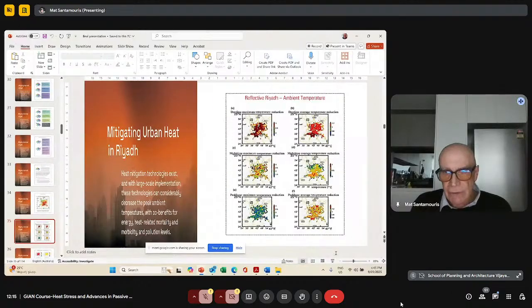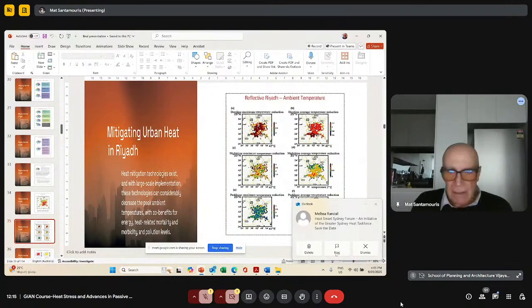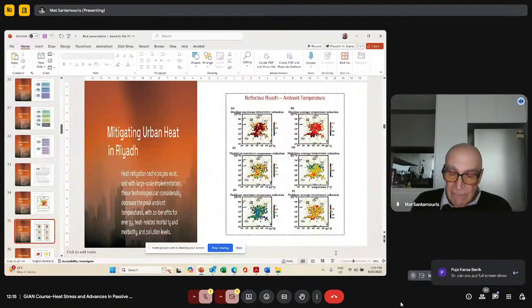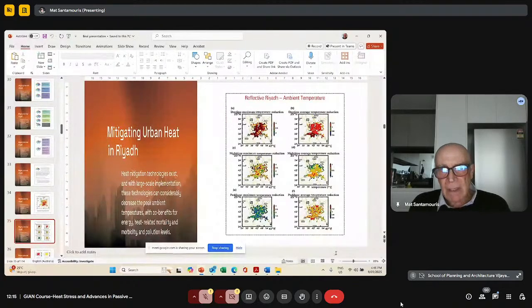These materials, of course, have an important impact during the daytime, because during the nighttime we don't have solar radiation, and we don't have important absorption. So the impact of reflecting materials is low. The impact is not so low during the night because of the emissivity, and because these materials emit infrared radiation to the sky.